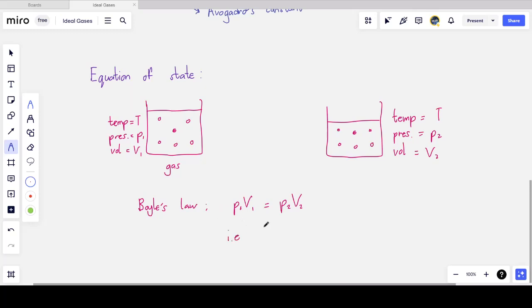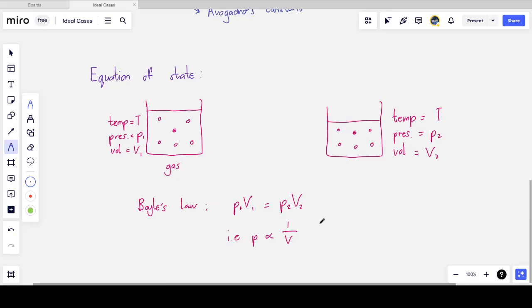That means that the pressure is inversely proportional to the volume. So P1 V1 equals P2 V2, and P is inversely proportional to the volume.